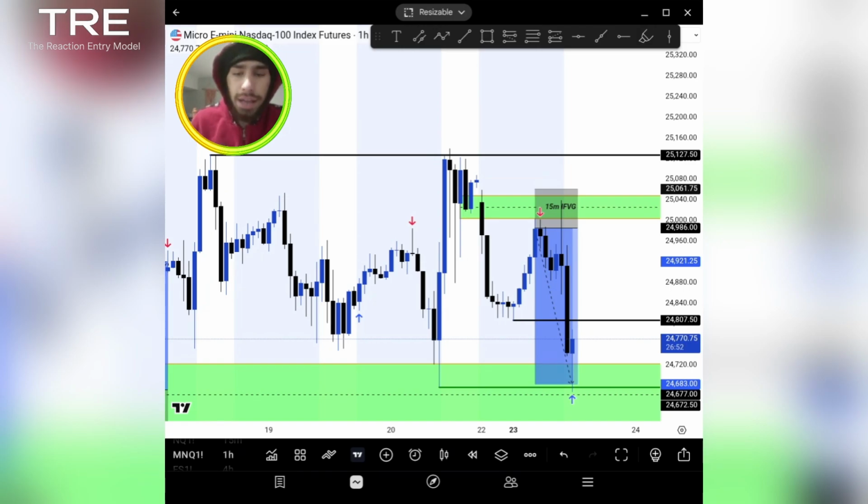TRE is about reaction. It's the reaction entry. That basically means that we're not trying to predict the market. We're trying to react to what happens and then form our entry based on reactions, not predictions.